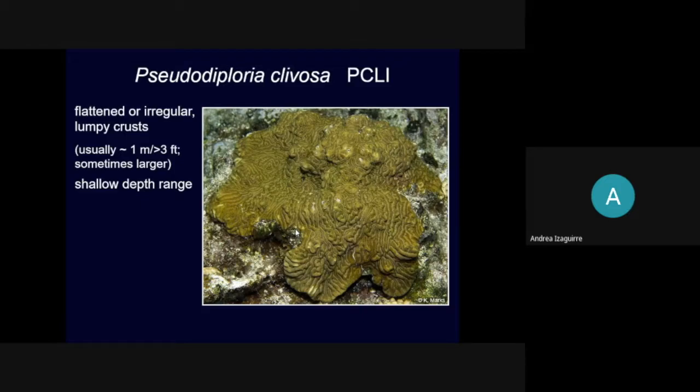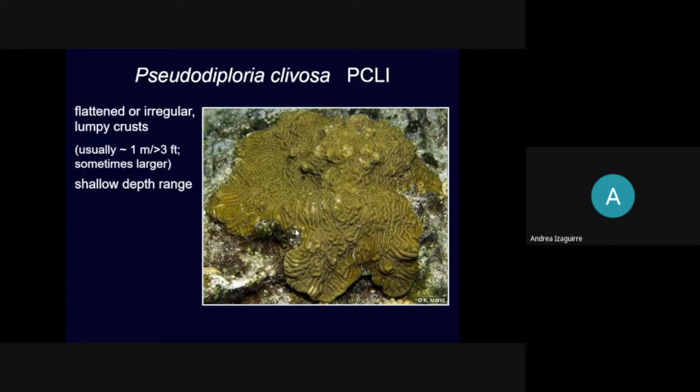Another thing is that this coral likes to grow shallower than the other ones, so usually you see these more on the reef crest, which is not a place that we usually like to dive in, because it's shallower than 5 meters even. Here in Utila, if you've been to Water Key, just snorkeling there, you'll see quite a lot of these in the shallower areas.